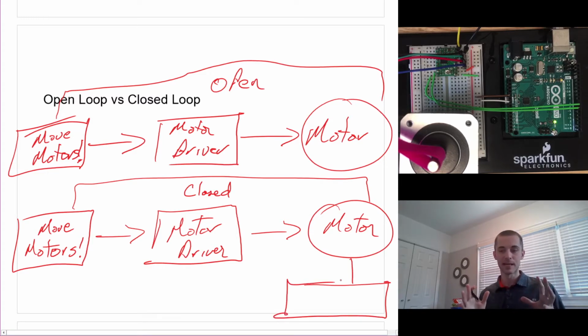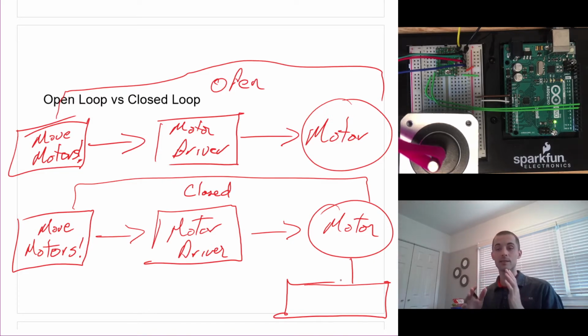We can use encoders of all different types. With CNC machines, a lot of times it's an optical encoder, which is literally black or clear pieces of material moving or rotating past sensors.